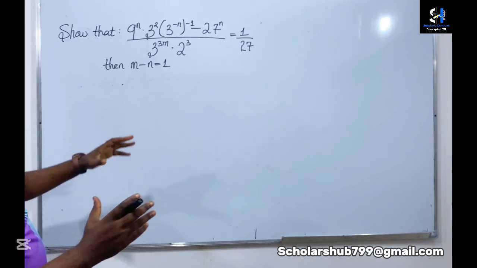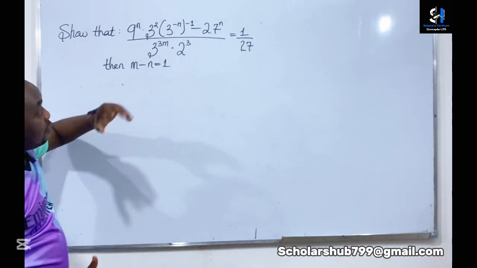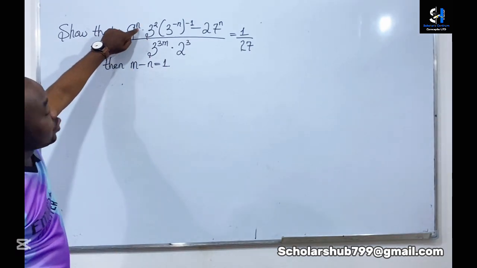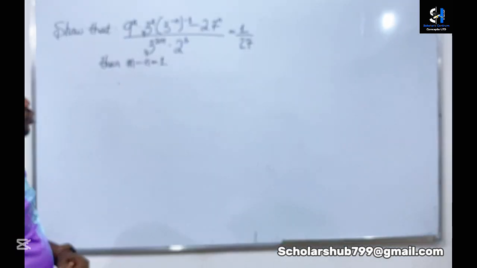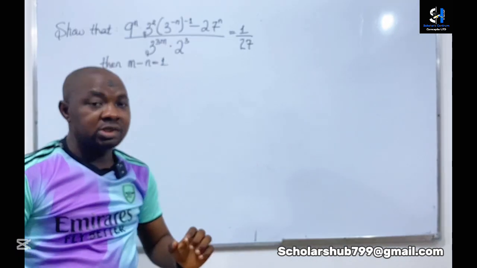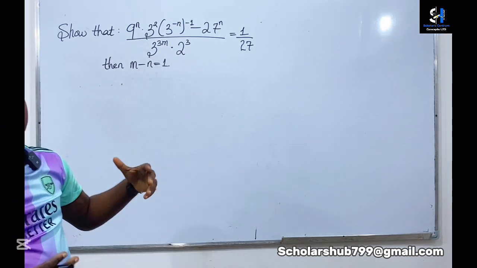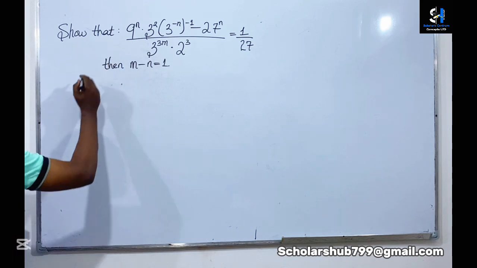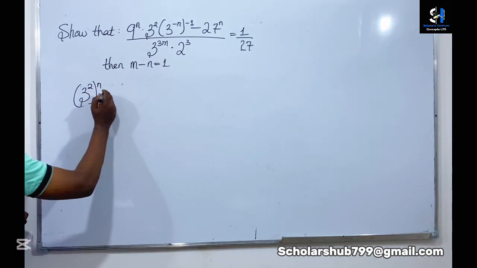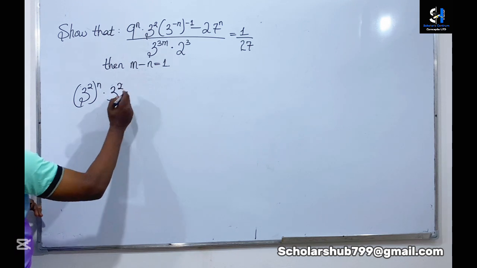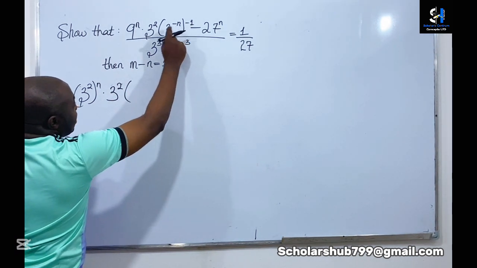All right, so now when we look at the left hand side of the given equation, we have 9 raised to the power of n and also 27 raised to the power of n in the numerator. So the first thing we need to do is to write 9 and 27, raised to the power of n, in terms of base 3. So for 9, we have 3 raised to the power of 2 to the nth power, multiplied by 3 raised to the power of 2, then parentheses minus 1 times minus n.